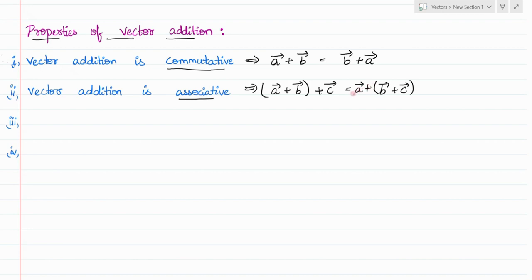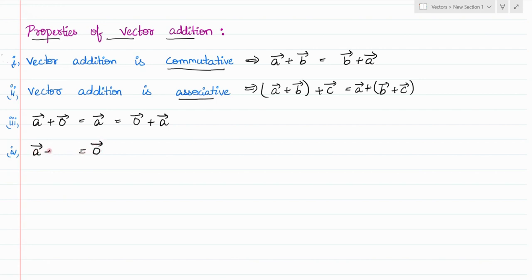It remains the same. If you add a null vector to the original vector, you will be left with the original vector itself. We can also write null plus a vector. Next, the last important property here is: to get a null vector, what should be added to the vector A?